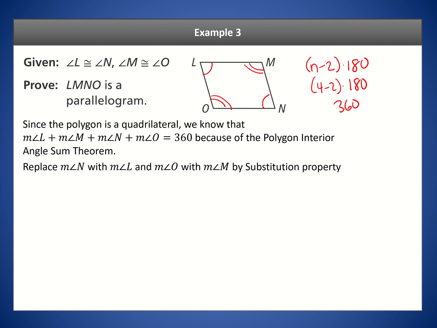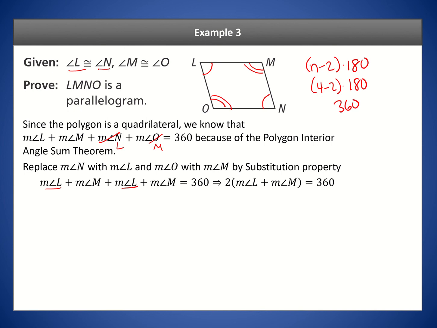Now we do know that N is congruent to L, and therefore in this formula we can replace N with angle L, and similarly we can replace O with M in this equation, and so we get this. Then we can combine these. You have 2 of the L's and 2 of the M's, so in total 2 of them is equal to 360.